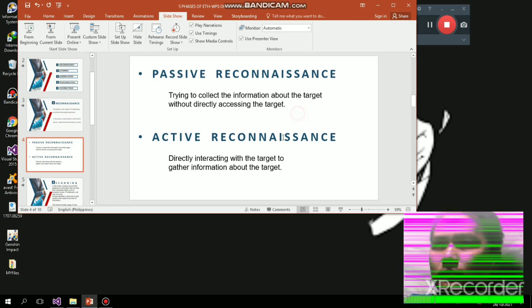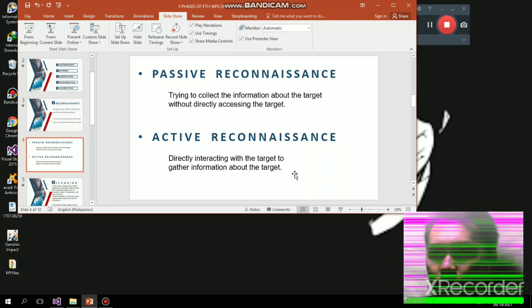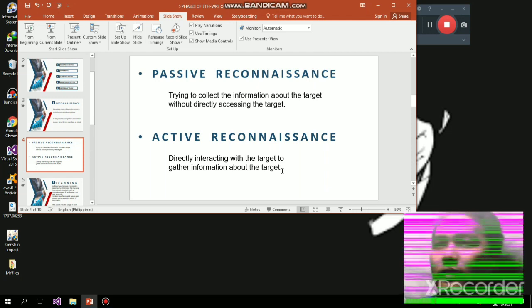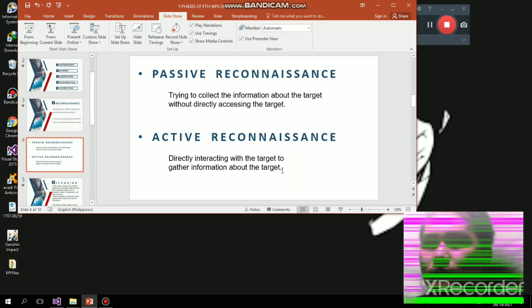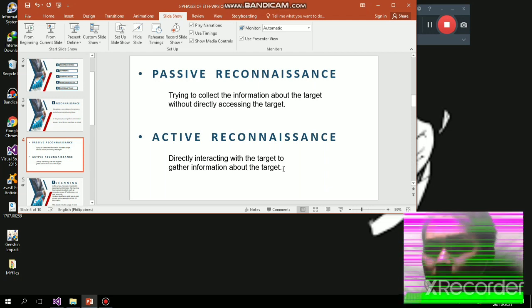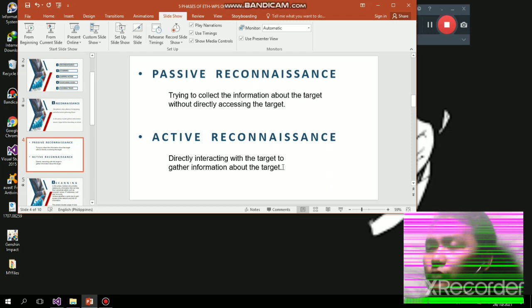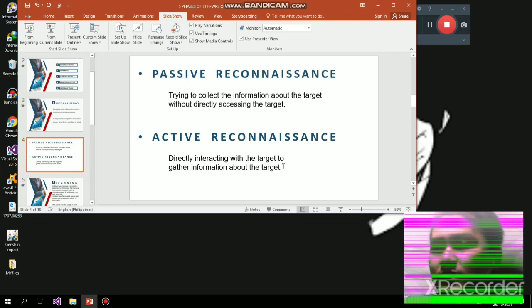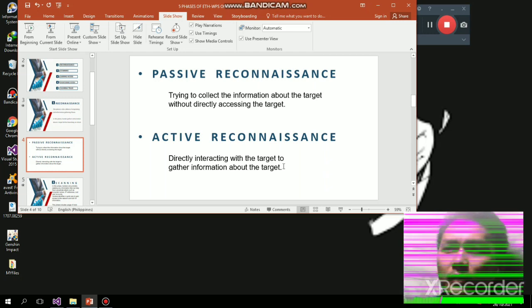The next type is active reconnaissance. Active reconnaissance is directly interacting with the target to gather information. So, meaning, you are directly interacting with the system or application that you are hacking. There are tools used in active reconnaissance to gather information about your target.